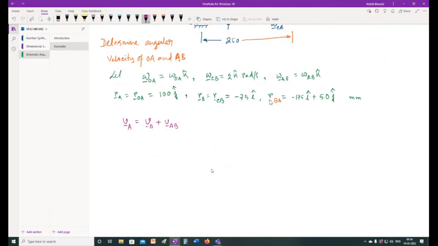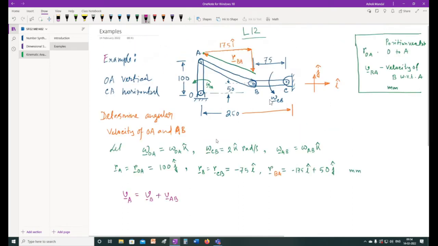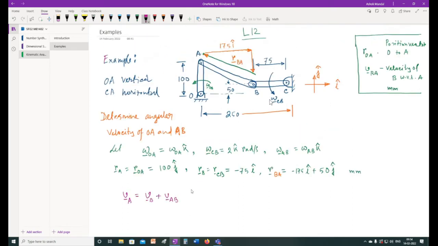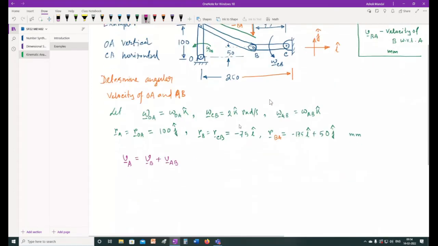And there is another way of writing the velocity of point A, with respect to O. Velocity of A can also be written as velocity of point O plus velocity of point A with respect to O. The point O is a fixed point, so its velocity is 0.